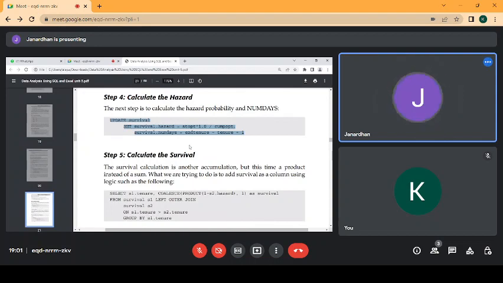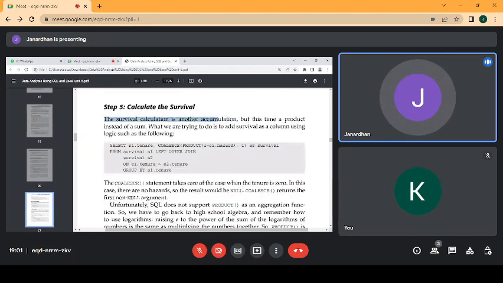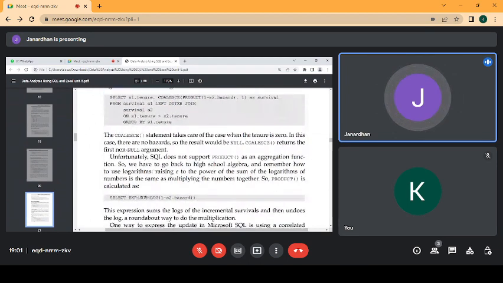Calculate the survival. The survival calculation is another accumulation, but this time a product instead of a sum. What we are trying to do is to add survival as a column using logic such as the following. Select S1 dot tenure, coalesce product of 1 minus S2 dot hazard comma 1 as survival from survival S1 left outer join survival S2 on S1 dot tenure greater than S2 dot tenure group by S1 dot tenure.